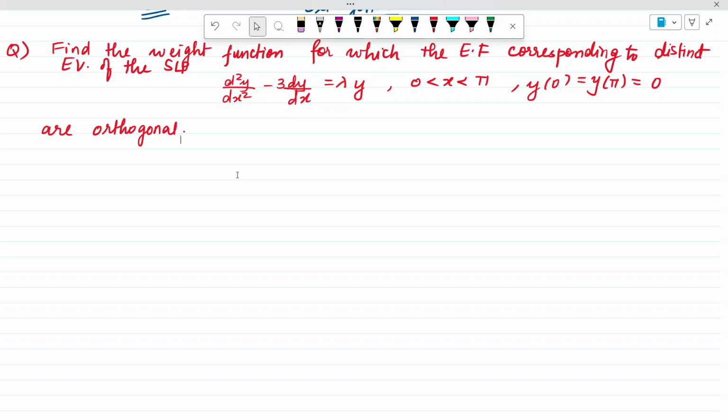Then R of x is minus e raised to minus 3x. Either negative or positive is fine.